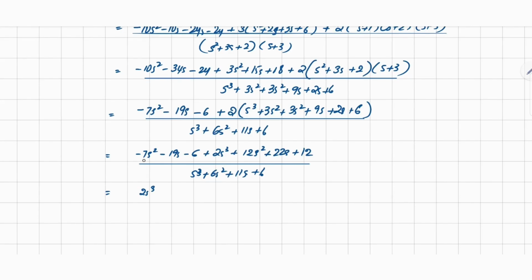You have 12s squared minus 7s squared, so that's plus 5s squared. Here minus 19s plus 22s, that's plus 3s, and 12 minus 6, that's 6 over s cubed plus 6s squared plus 11s plus 6, which is our final answer.